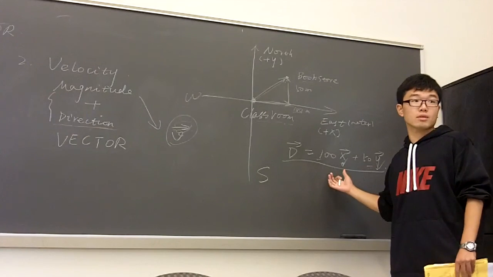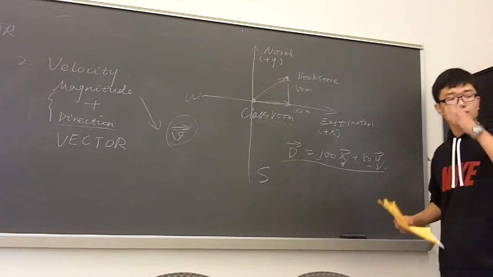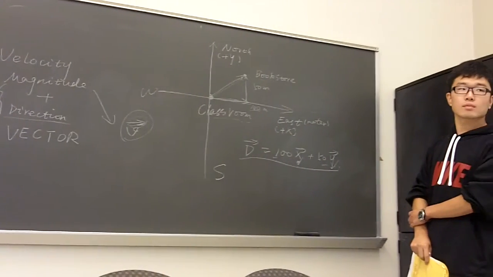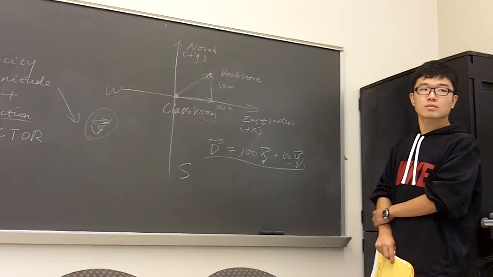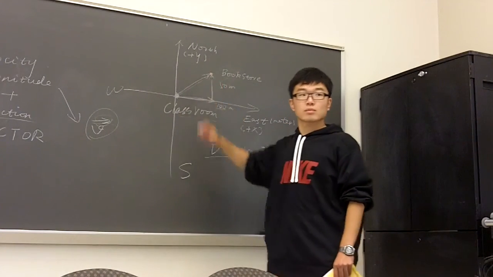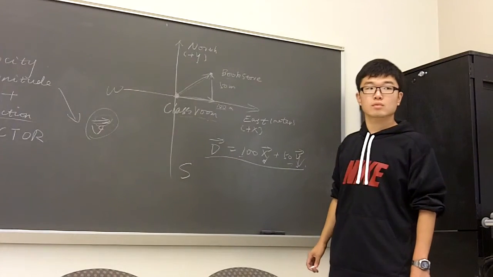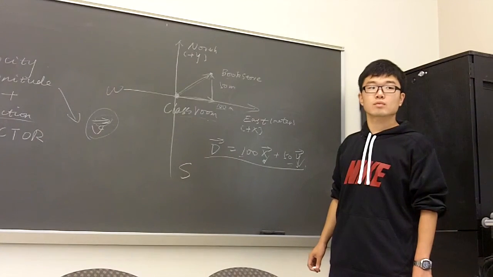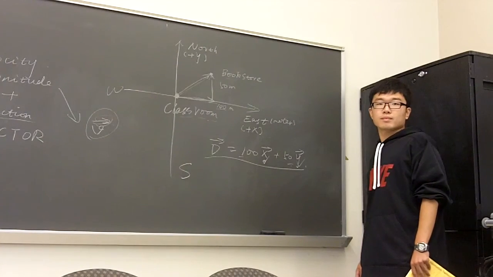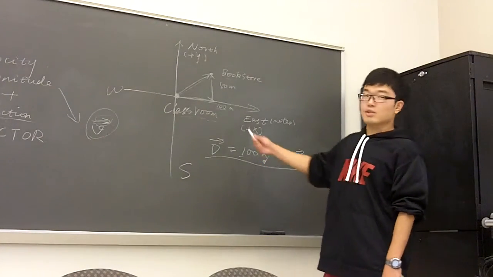Everyone clear about it? So why is it different from the Pythagoras equation, like a triangle between two points, classroom to bookstore? We know from math we use the Pythagoras equation, but here you put the equation as 100x plus 50y. It's different.